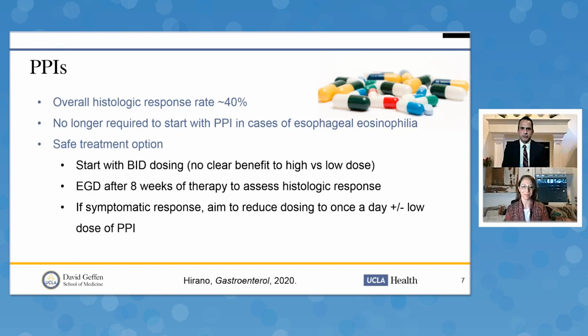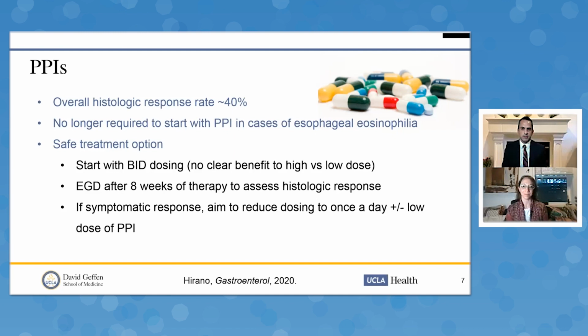However, back in around 2011, a Spanish group found that patients who met all the symptomatic, endoscopic, and histologic criteria for EoE, about a third to up to half of patients might respond to PPIs. And when they looked at patients from a pH testing standpoint, only a third of patients actually had a positive pH study, indicating that PPIs could help people who did not have reflux but met all the diagnostic criteria for eosinophilic esophagitis.